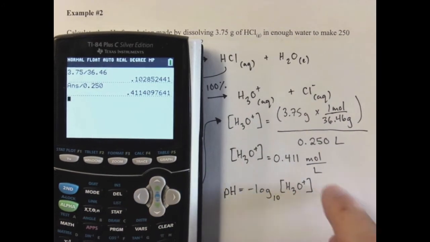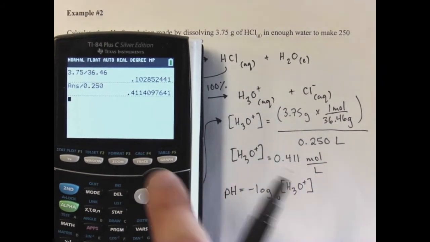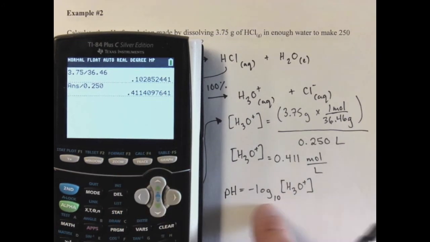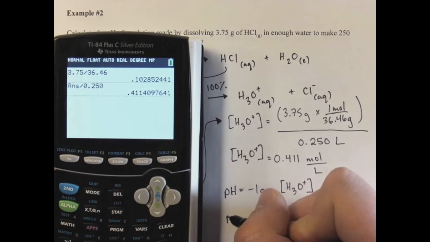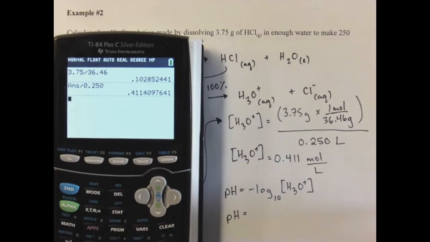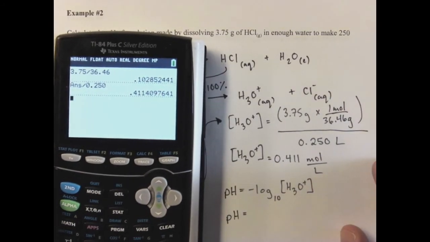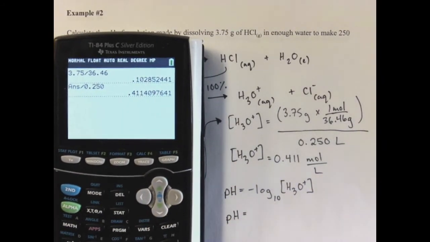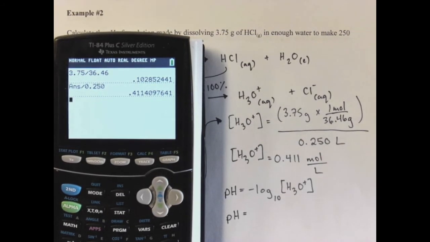So I'm going to take the number from my calculator and apply it to the formula to get my pH. Now might be a good time to think through how many significant digits I should have in my final answer. So I'll pause the video there and think about that.